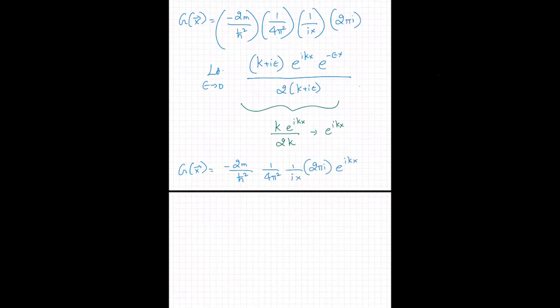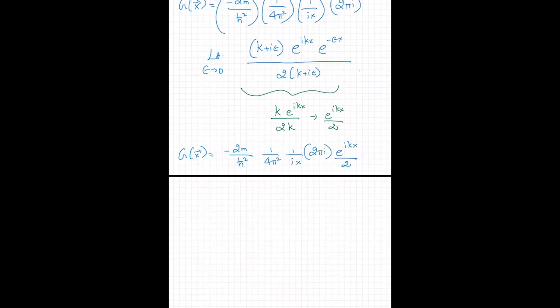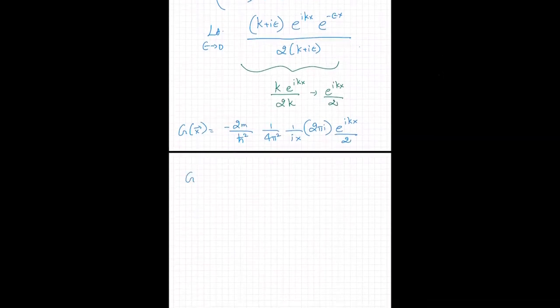So one factor of i cancels, by 2, sorry, because there's a factor of 2 here which you cannot miss. So one factor of 2 cancels, one factor of pi cancels. Putting everything together, I have minus 2m over h bar squared, 1 over 4 pi, e to the ikx over x.